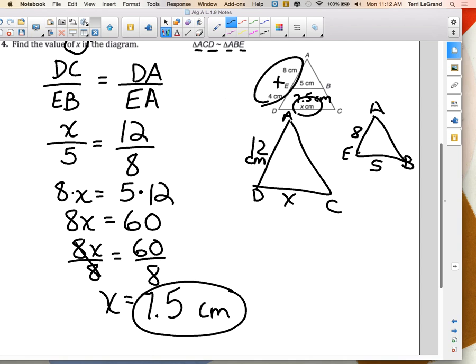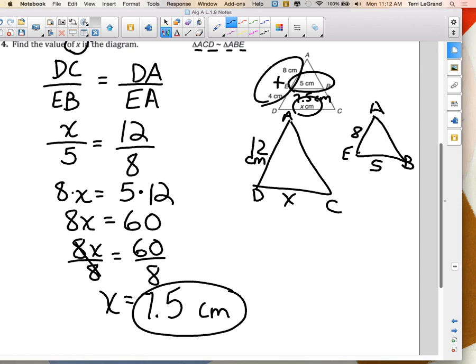Okay. Why is it reasonable to have a 7 1/2 centimeter length for X for side DC? Because what? You're making this way too hard. Should it be shorter or longer than this side? Oh, longer.